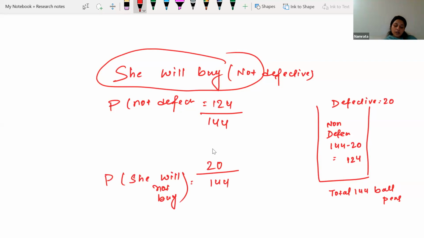Clearly, it is not written in the question which probability we have to find. But since the wording says that she will only buy when the pen is good, and she will not buy if the pen is defective, we can use this concept to find the probability. Let's move to the next one.